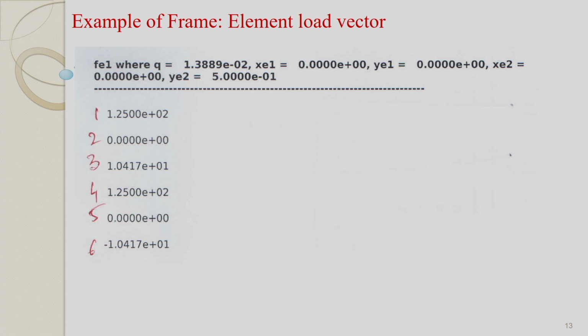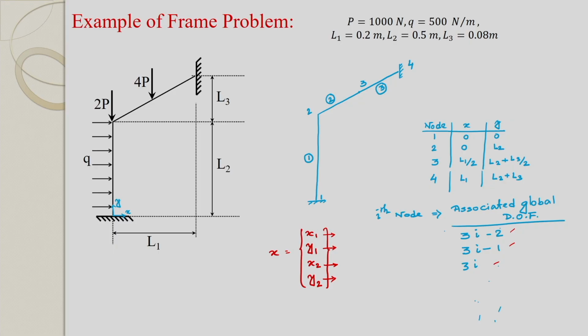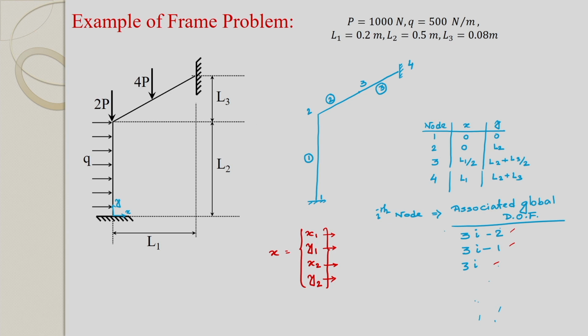Other than this distributed load, we also have 2 point loads. As we have mentioned, point loads and moment should be taken care of at the global load vector with respect to global reference frame. So here at node 2, it is in negative y direction.